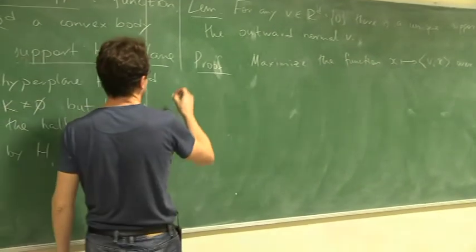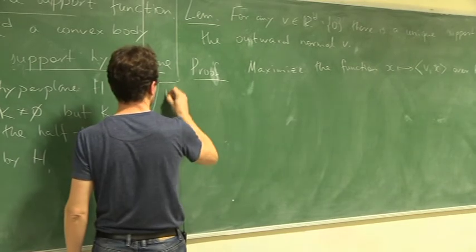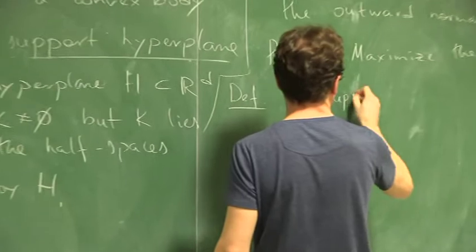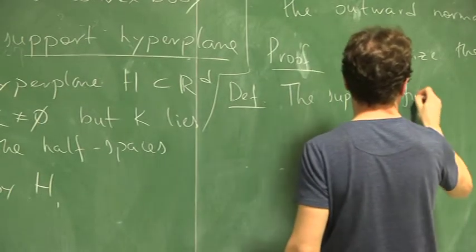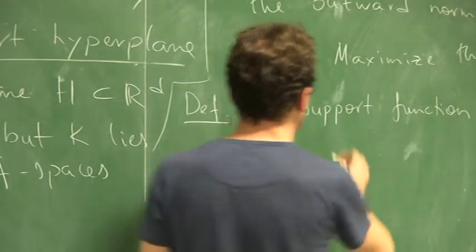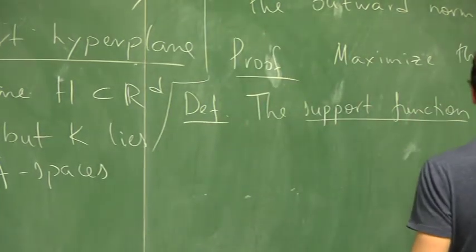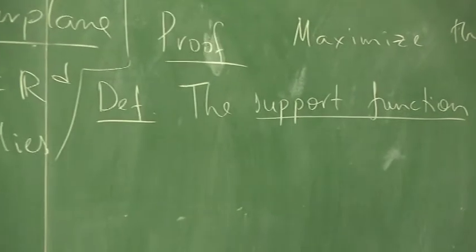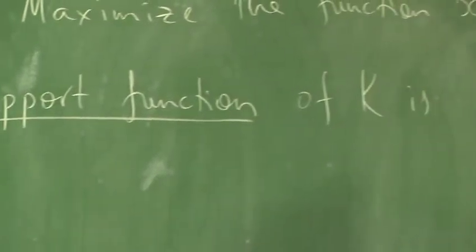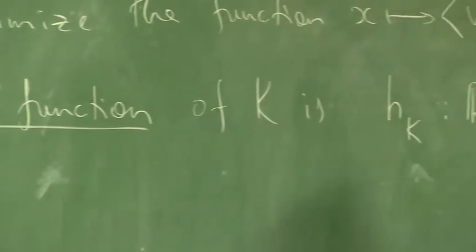And now we are ready to define the support function. So the support function of K is a function denoted by h sub K. It is defined on R^d and takes real values.